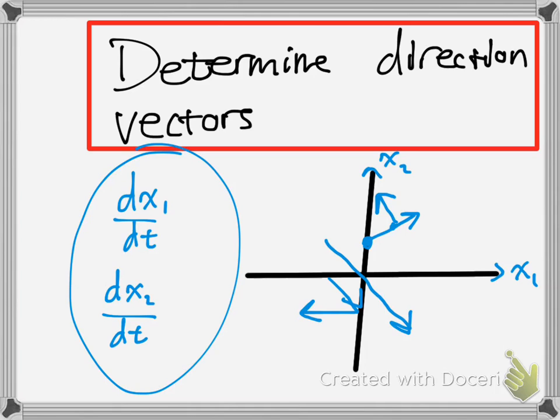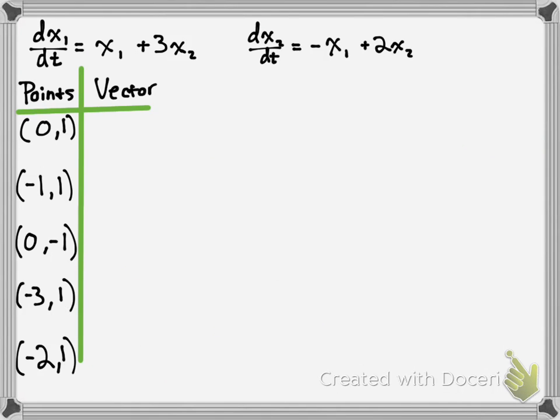Okay, so let's move on. We got the functions given here, or the pieces of it, and we're given these points. This is a simple plug and chug type method first at the beginning. The points here represent x1 and x2.